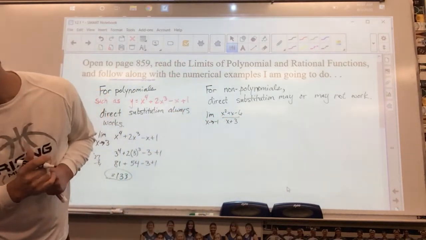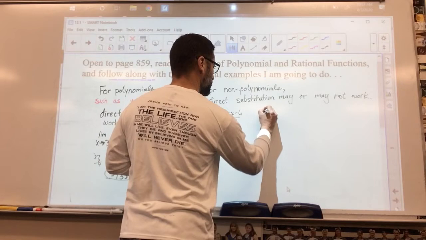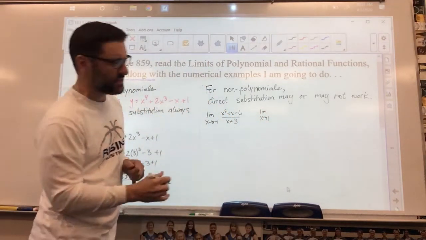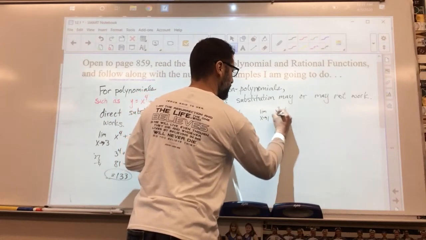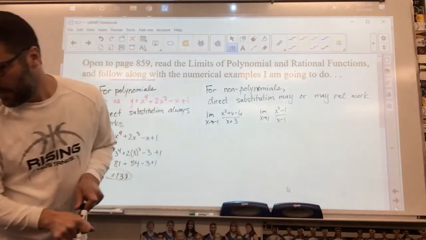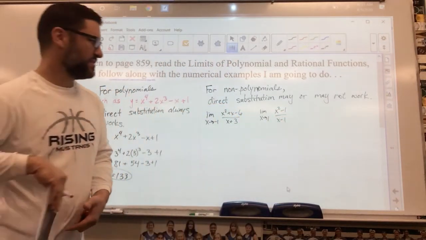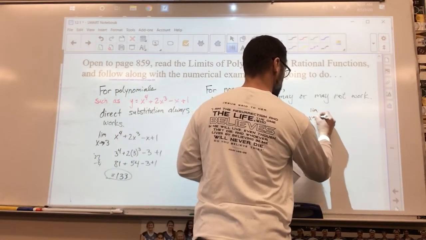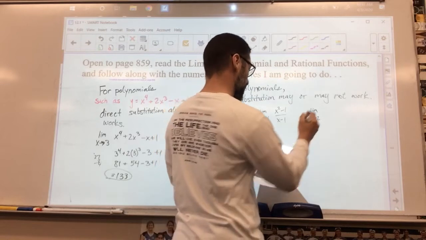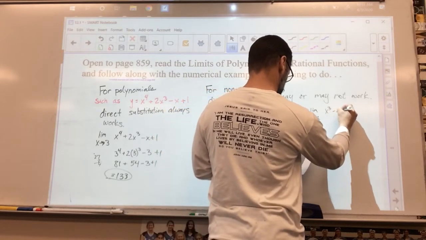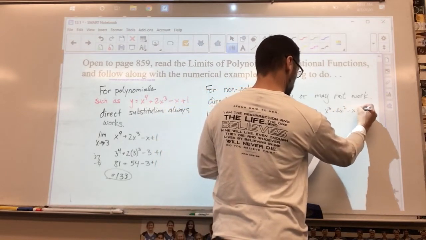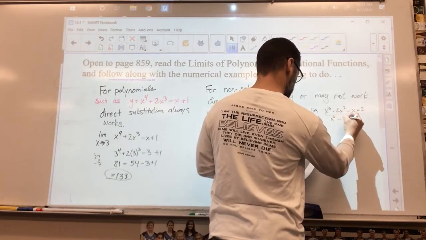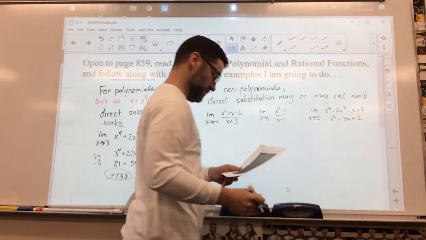Then the limit as x goes to 1 of x squared minus 1 over x minus 1. And then the limit as x goes to 2 of x cubed minus 2x squared minus x plus 2, all over x squared minus 3x plus 2.